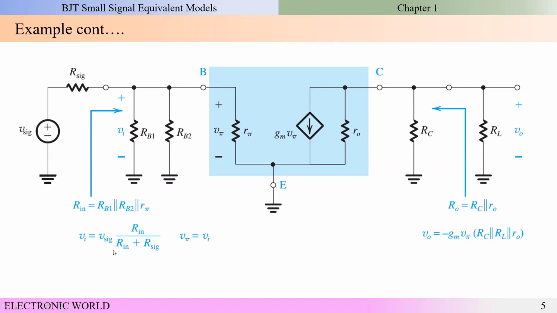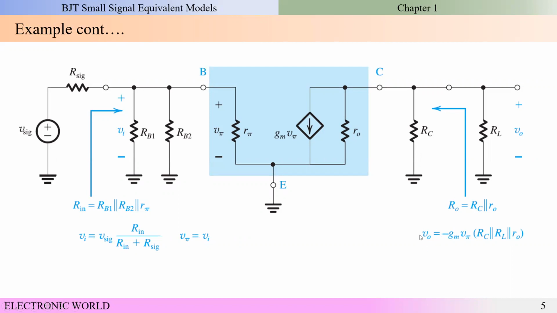Using the simple relationship, we can get the input voltage like this, and also we can use the output resistance. If you look at this, R0 and RC are in parallel. This is actually the output resistance.